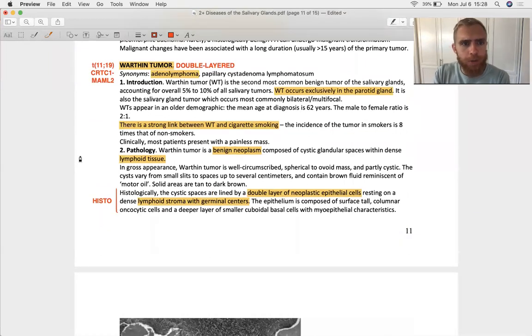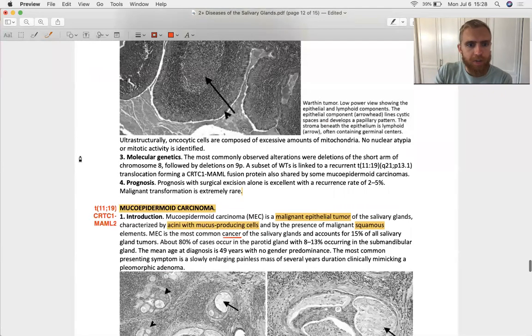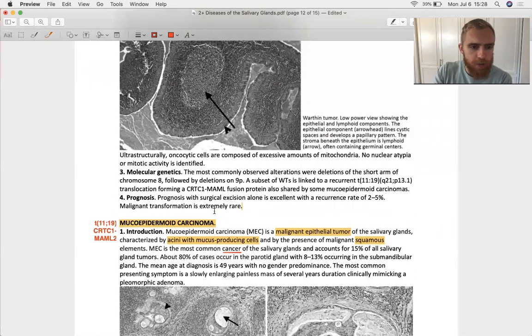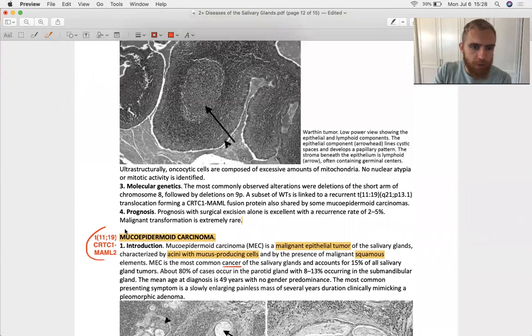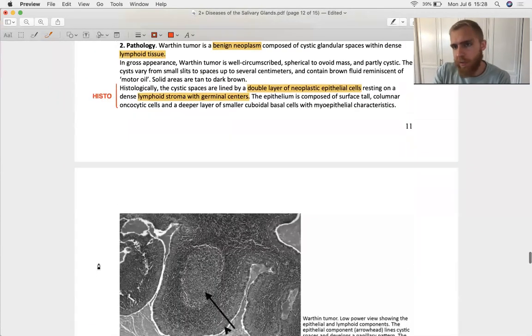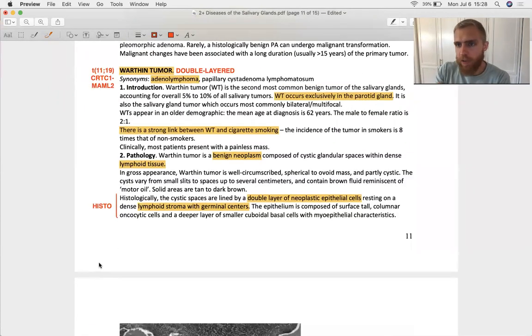It's a benign tumor. It's associated with chromosome 8p deletions, 9p deletions, and then there's a subtype with the 11;19 translocation, which we're also going to see in the next tumor, the mucoepidermoid carcinoma. So understand that same translocation, two different tumors, makes me think there's probably going to be a histology question on the test that is the differential between these two.